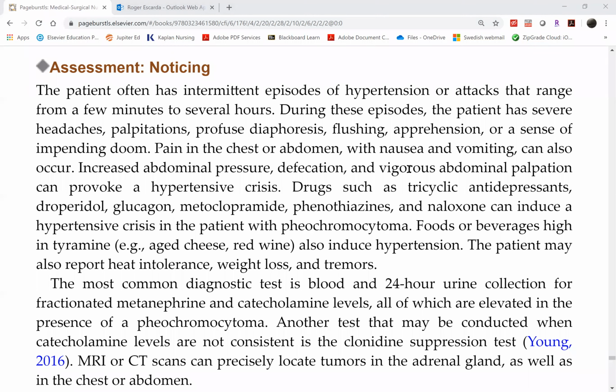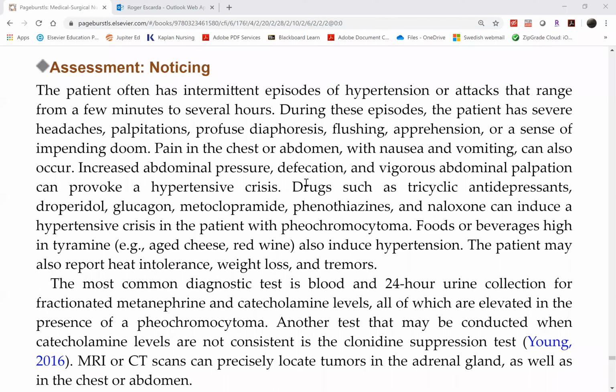One thing you do not do is touch that tumor. The tumor grows quite big, so it can cause abdominal distension. Never touch or palpate the tumor, because it will trigger a release of a large amount of catecholamines, which can probably cause a hemorrhagic stroke.